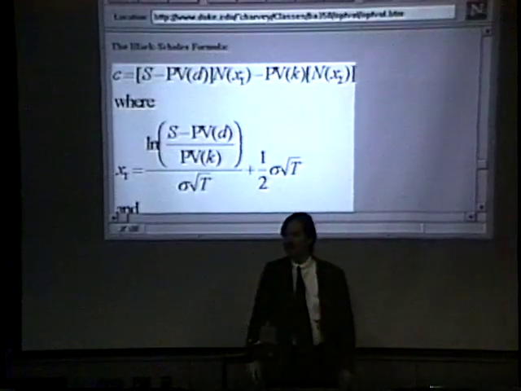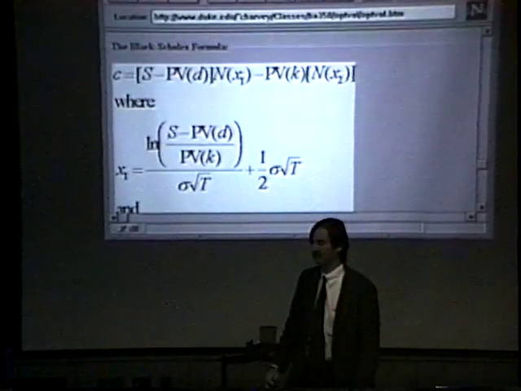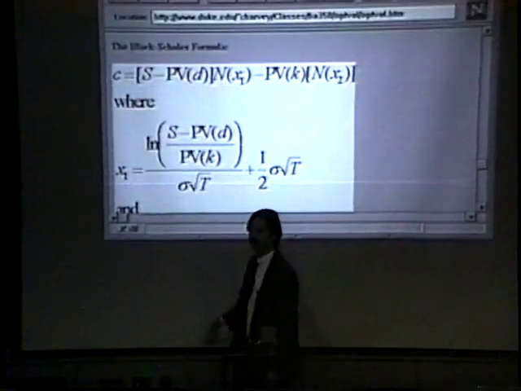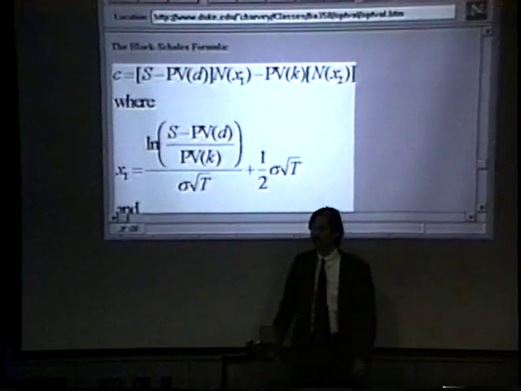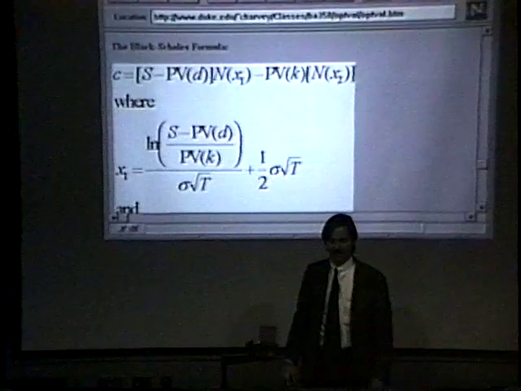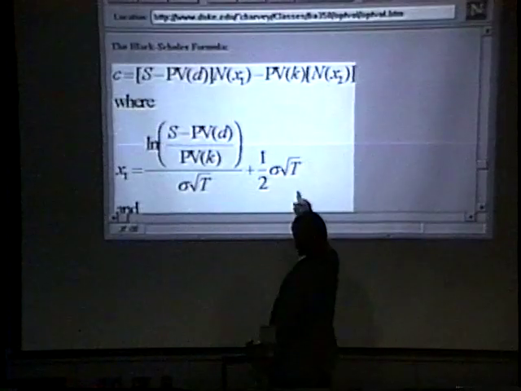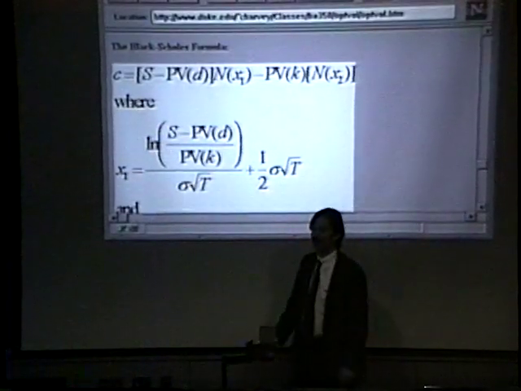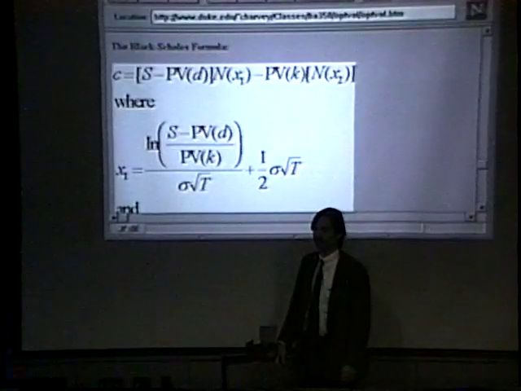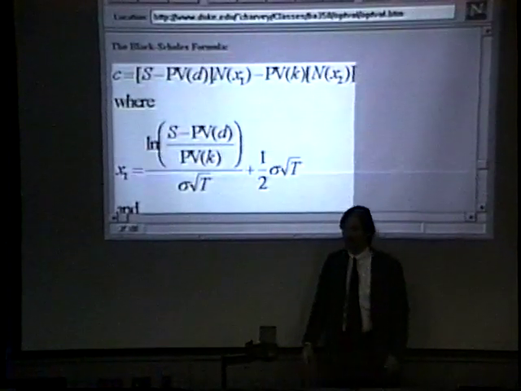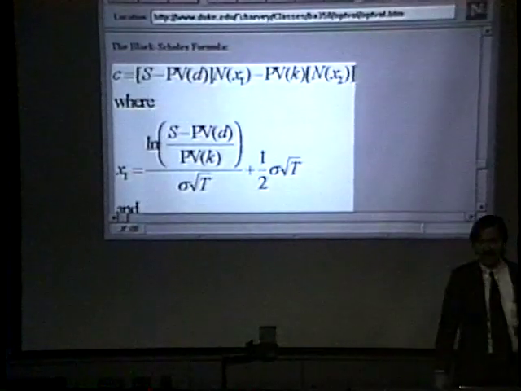Sigma is the annualized standard deviation. So 0.6 something divided by 0.2 is like 3.6. Then add 0.1 to get 3.7. N of 3.7 is approximately 1. It's 0.99999.